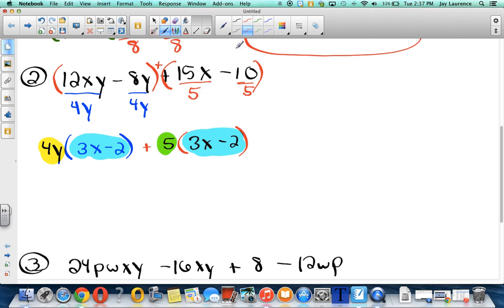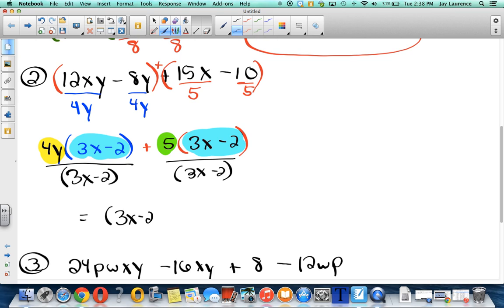So this next GCF, I will divide by the quantity of 3x minus 2 and divide by the quantity of 3x minus 2. And when I do that, the quantity of 3x minus 2 is there. And then I will have a 4y left and a positive 5. There we go.